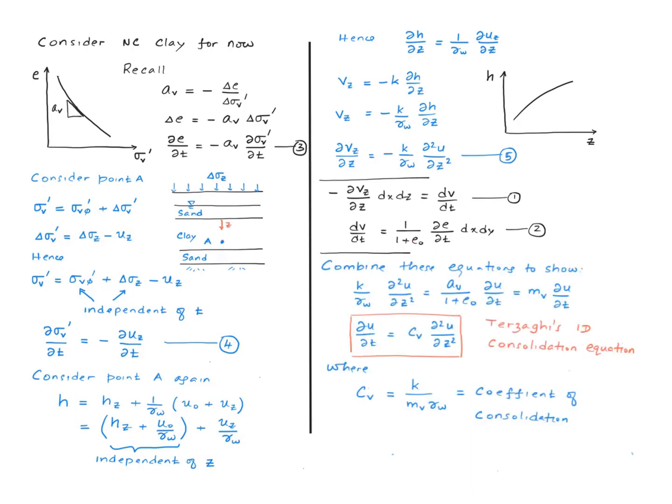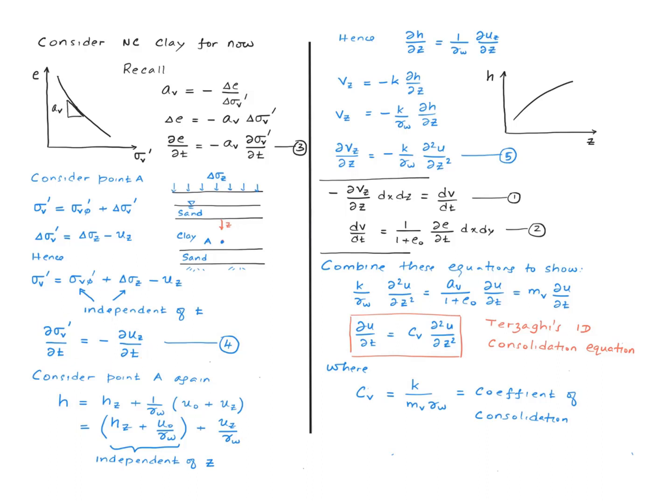Well, now you assemble these equations as follows. For dv over dz in equation number 1, you put this. And for dv over dt, you put this. But for de over dt, you're going to use this. But for d sigma v prime over dt, you substitute this.